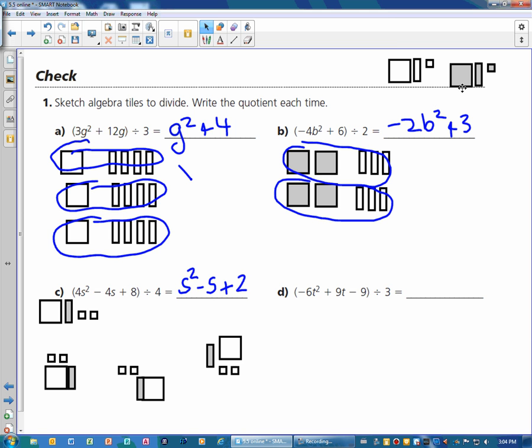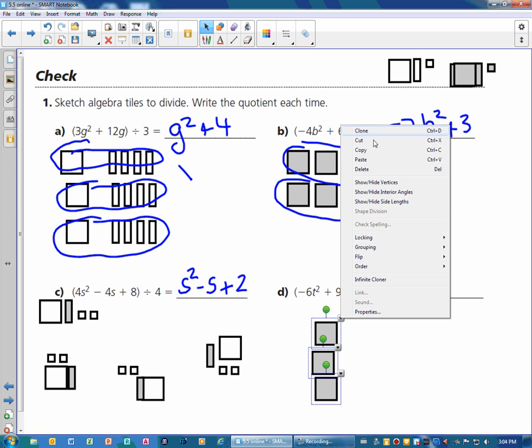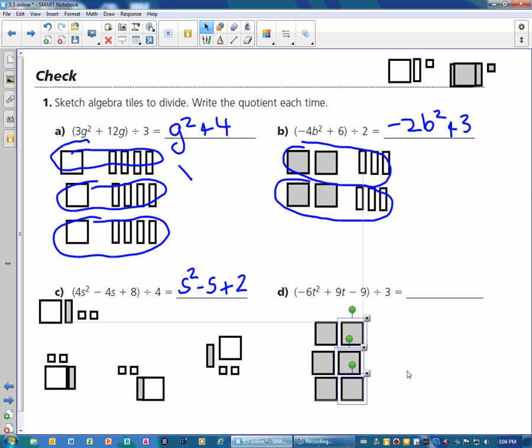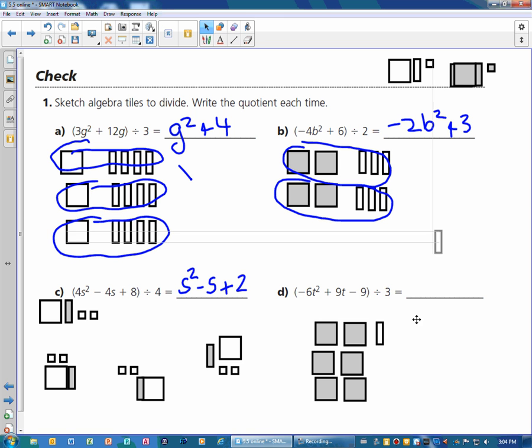Last one, negative 6t squared, plus 9t. 2, 3.